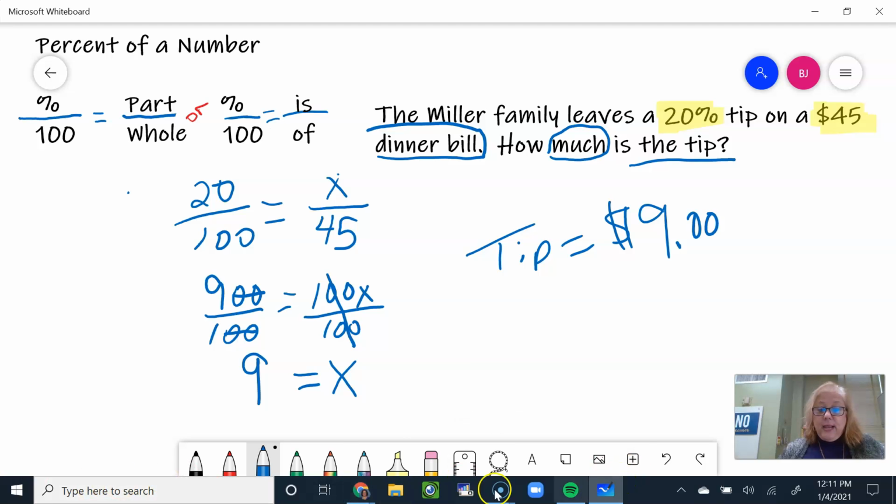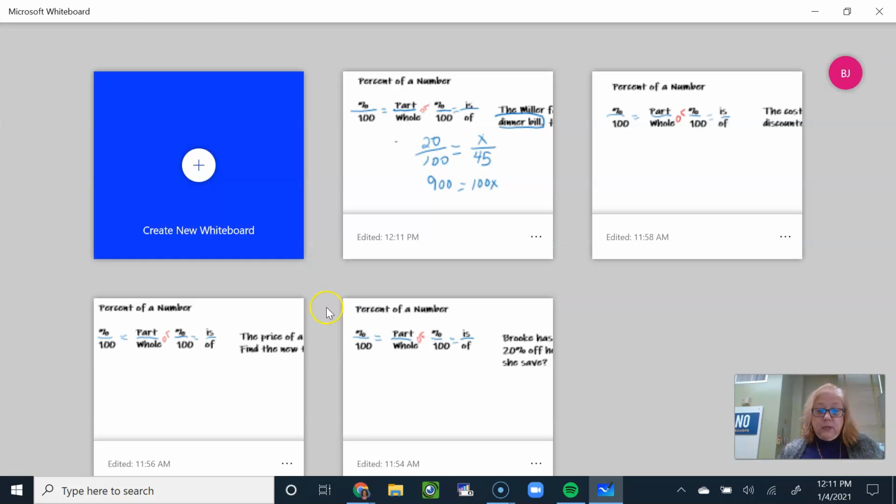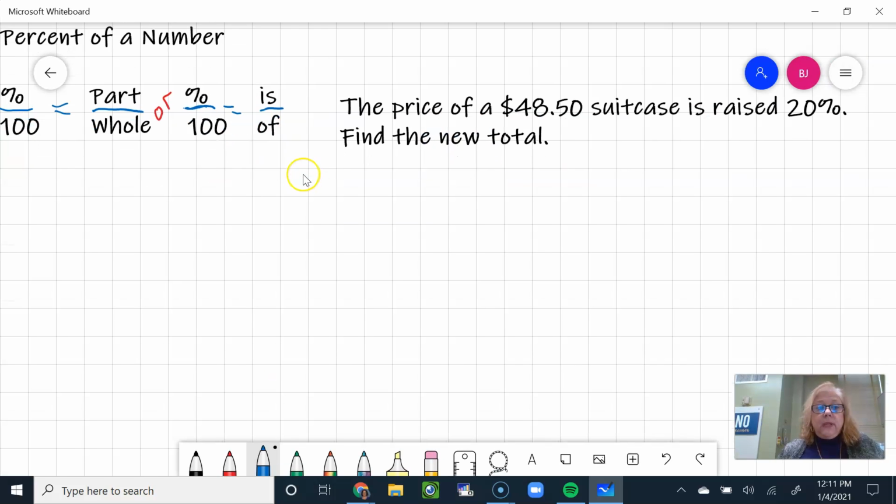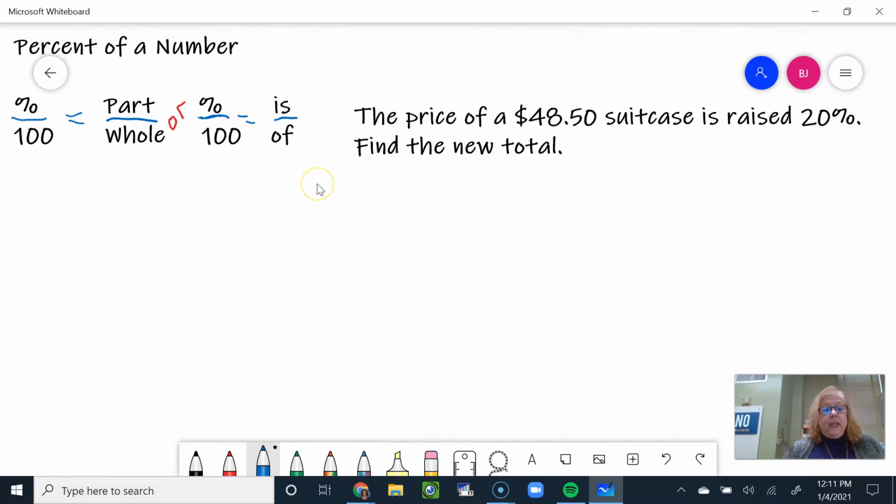Let me go to our next problem. Here's our next one. Make sure we have it set up right here. It's a percent of a number again. And let's read our word problem. The price of a suitcase is $48.50, is raised 20%.